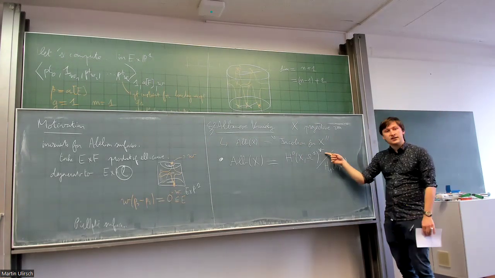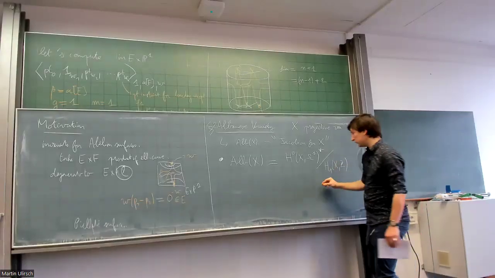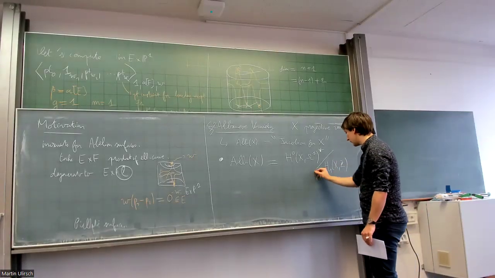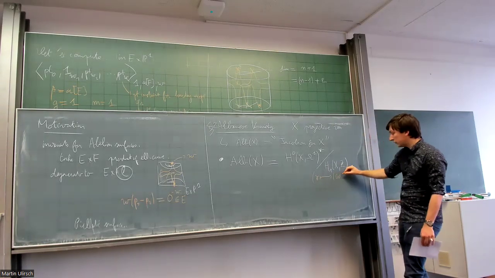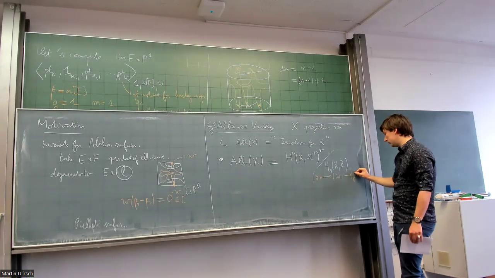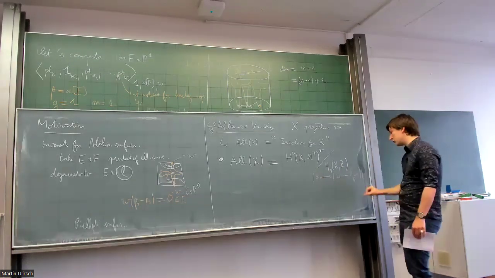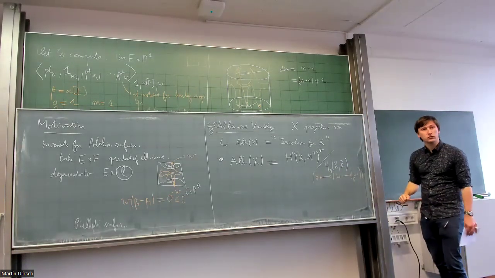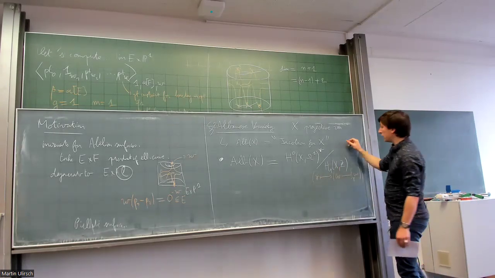Why is this living inside this? Just because if you have a one-cycle, you may integrate a holomorphic one-form over this one-cycle. And it does not depend on the representative of the one-cycle you chose. So this is a complex torus.